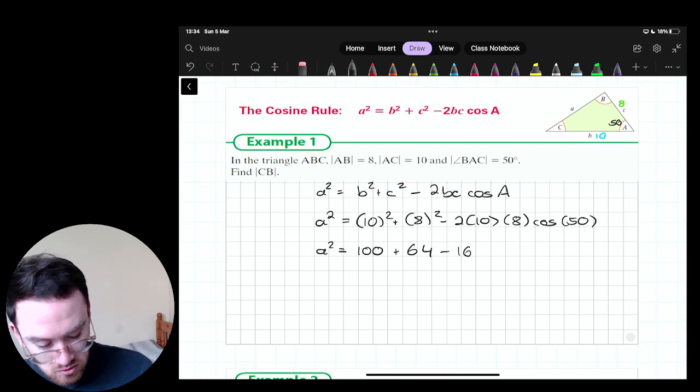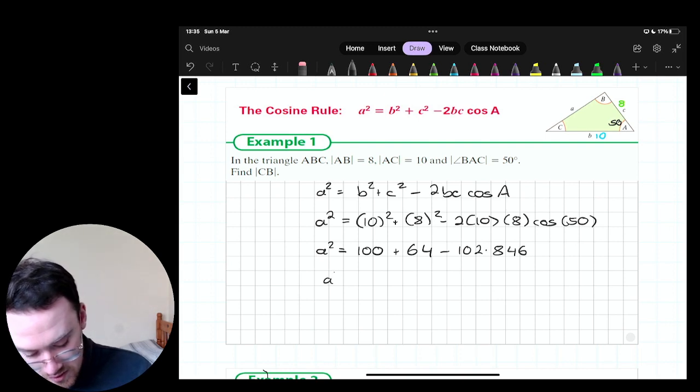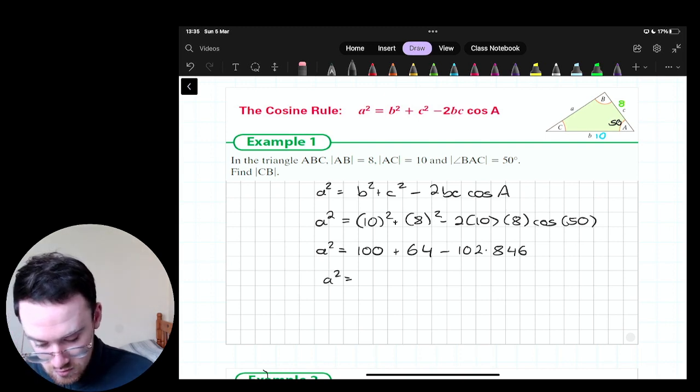So minus 160 cos 50, let's just work all that out together. So 160 cos 50 gives me 102.846. So A squared is 164 minus 102, which gives me 61.